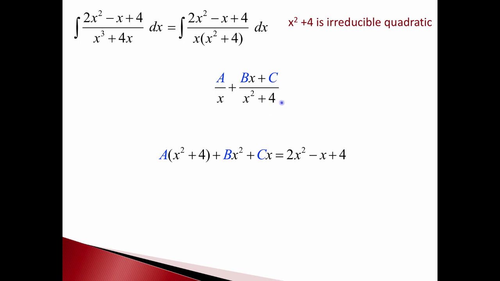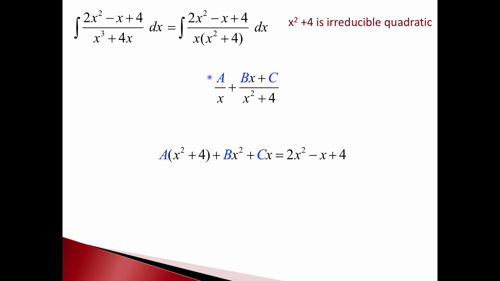And of course, I know what the numerator should be. It should be the numerator I had when I started. It should be 2x squared minus x plus 4. So sometimes people think that what I'm doing here is cross multiplying. I'm not. In fact, we'll see an example in the next video where it's obvious that that's definitely not what I'm doing. I'm not cross multiplying, even though it kind of looks like it.